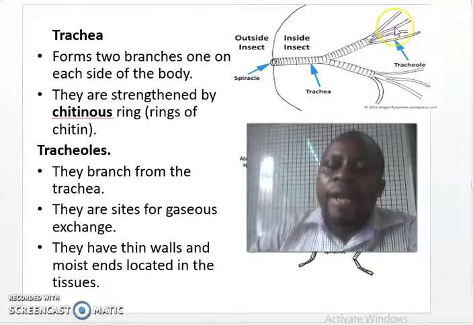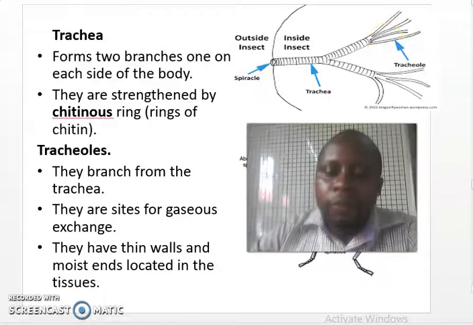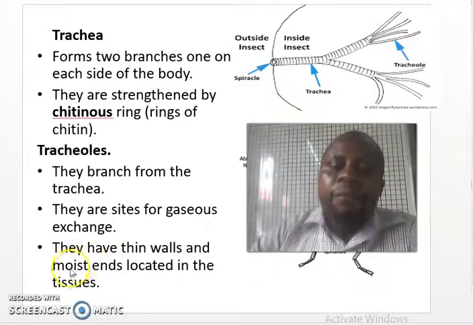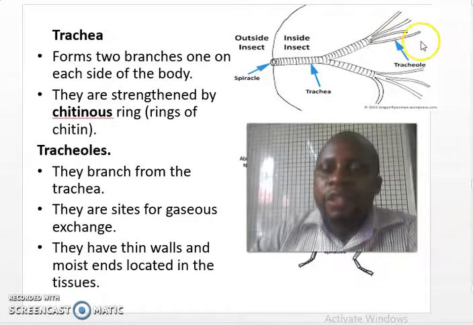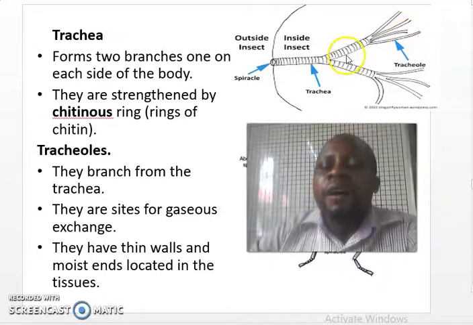So how are tracheoles adapted for gaseous exchange? One, they are thin-walled to reduce the distance traveled by the respiratory gases. Number two, they are moist to dissolve the respiratory gases before they diffuse into the tissues. Last but not least, they do not have chitin. This ensures that the gases can easily diffuse.